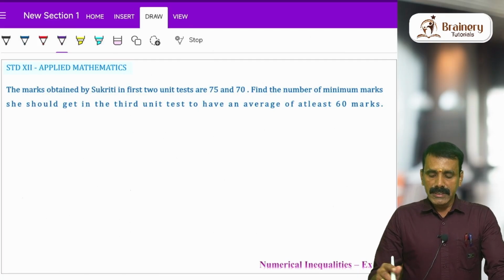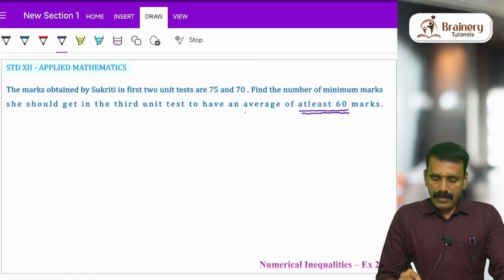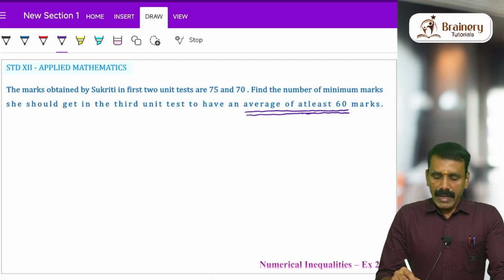Now we have to consider this word, at least. Average of at least. So when we find the average of these three subjects, she must get a minimum of 60. So at least corresponds to greater than or equal to 60. So that we have to remember.